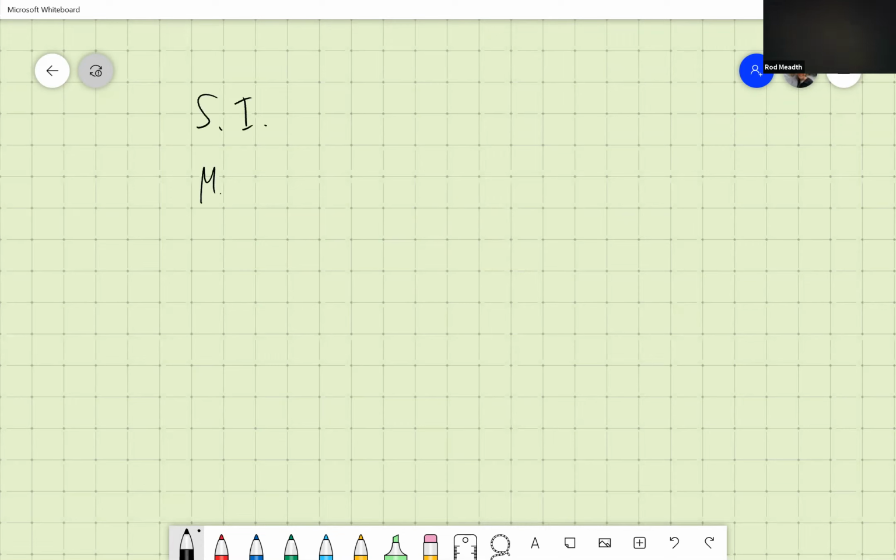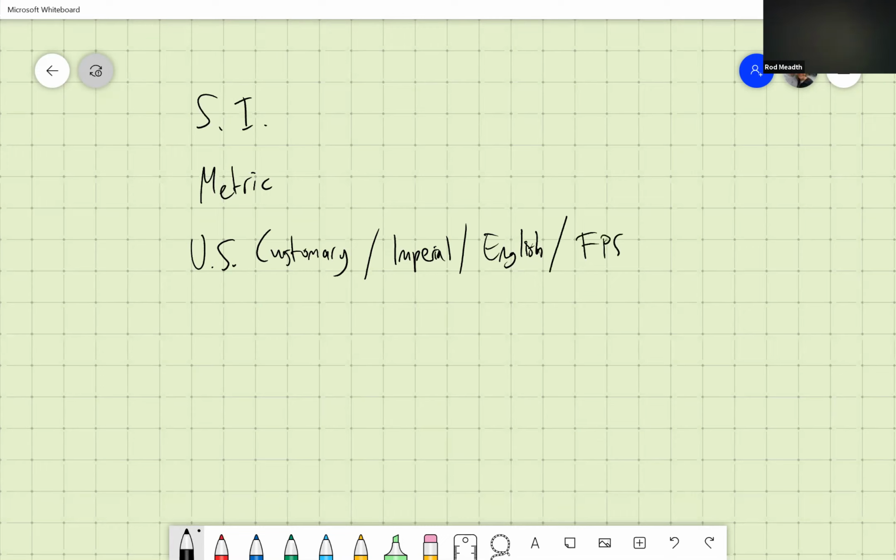There is SI, metric. There's another one which goes by many names. In this book, they tend to call it US customary, but it also goes by the name of imperial, as in Imperial England. Goes by English units, as in England, not the language. And it also sometimes goes by FPS, or foot-pound second.